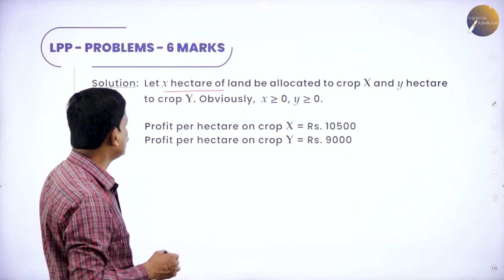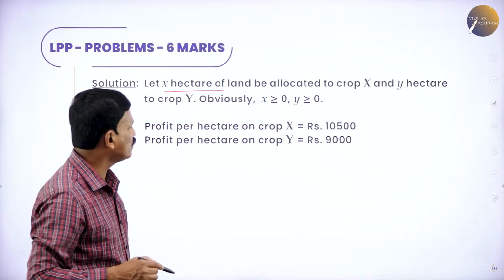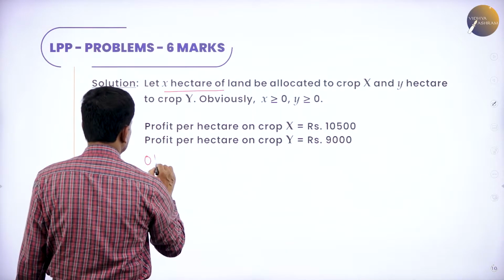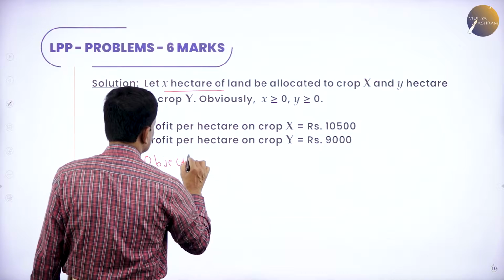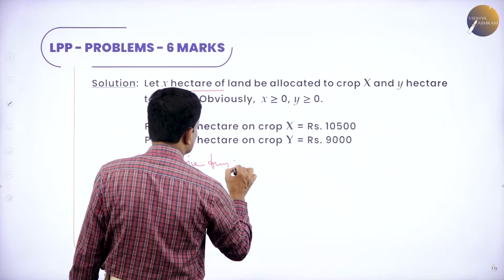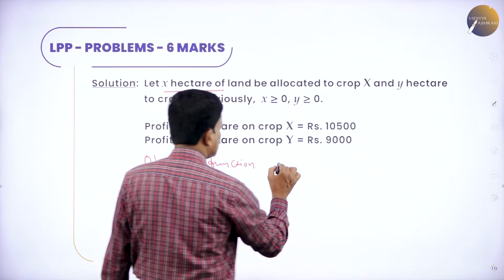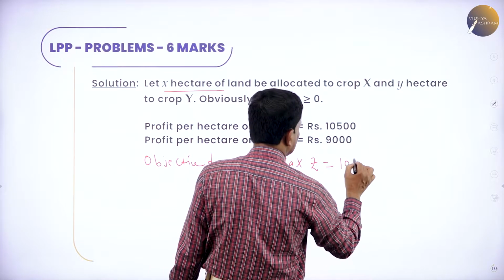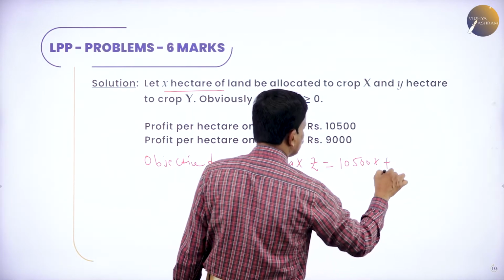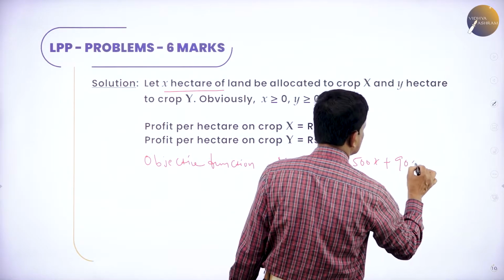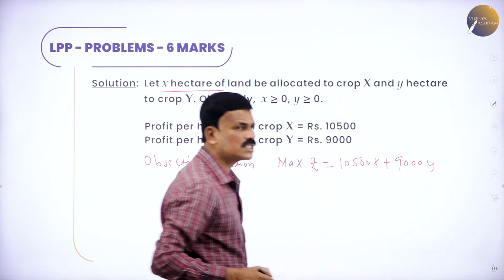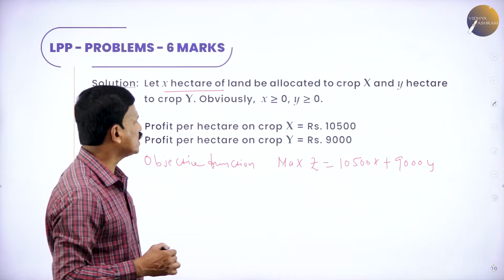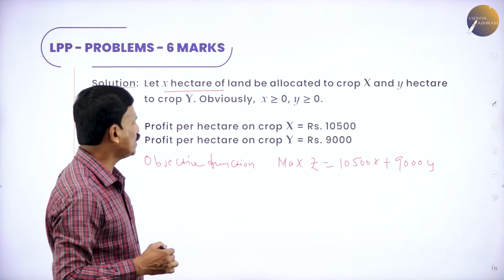Similarly, the profit per hectare for the second crop is rupees 9,000. Therefore, the objective function is max Z is equal to 10,500x plus 9,000y.